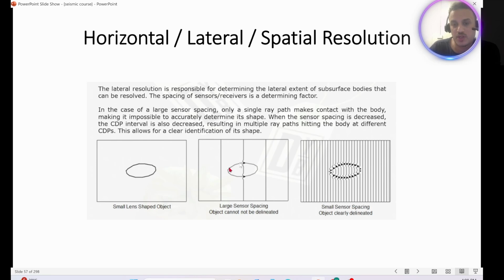But if you use a lot of sources and receivers, with small sensor spacing, objects are clearly delineated. With multiple sources and receivers, we can catch all the lateral changes and all the lateral features. So the key with lateral resolution is to use multiple sources and receivers to catch the small changes.